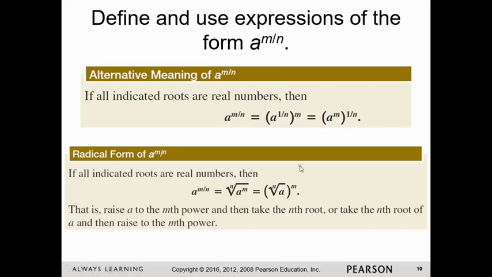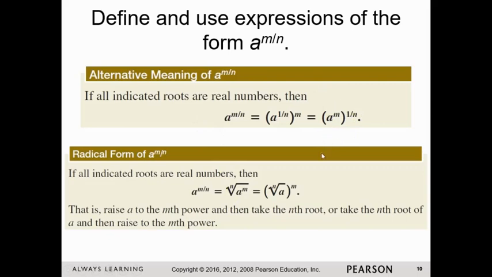So if that is true, then this other form here is also true. As long as we keep the n as the index, we can apply this m exponent to either the outside or into the radicand itself.